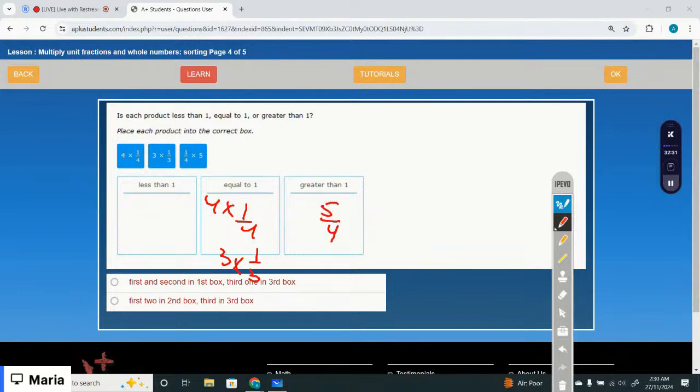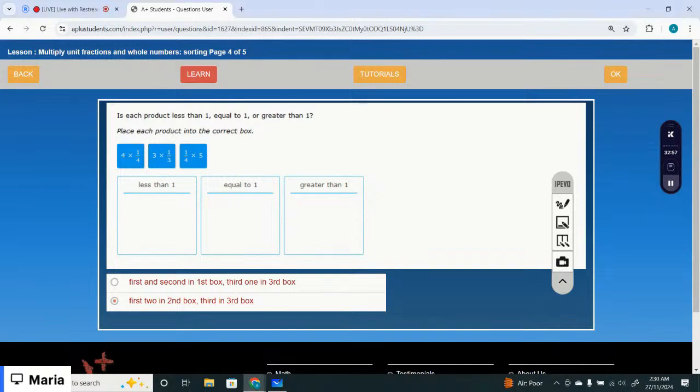So the correct option is first 2 in second box and third in third box. So option number 2 is the correct option.